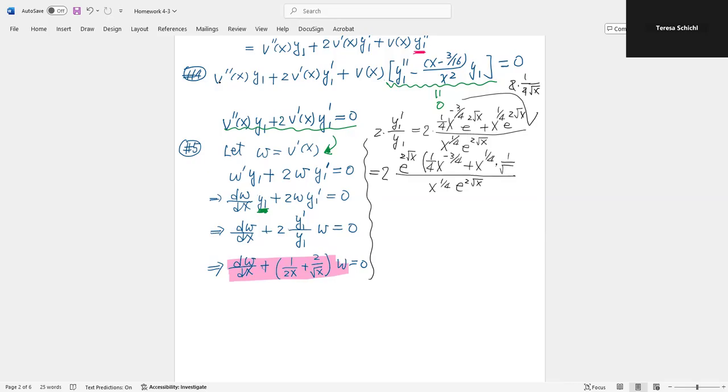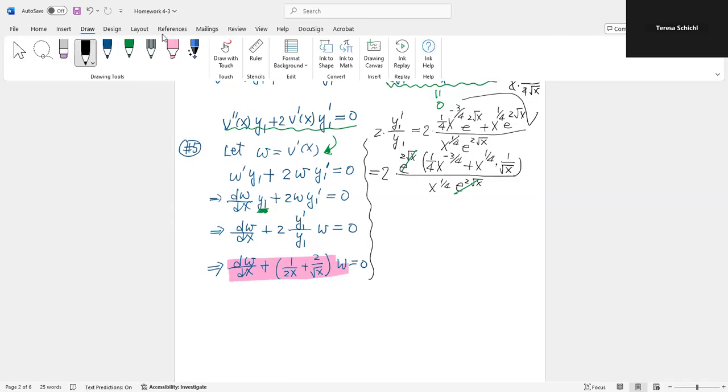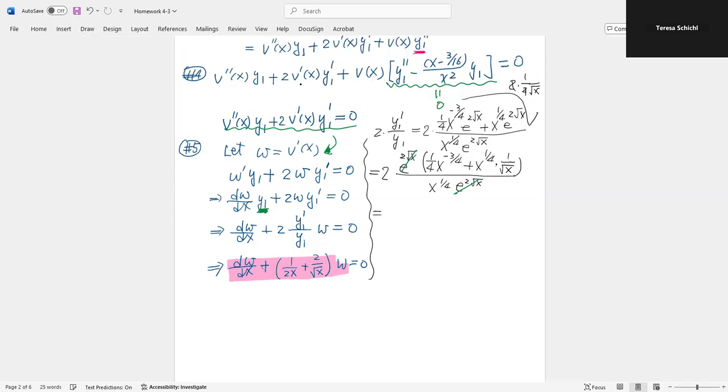So it will be 1 over square root of x. Getting better. So now in here, we know this one can cancel. Okay, so now I will separate this one into 2 times 1/4 x to the negative 3/4, x to the 1/4, then plus 2 times x to the 1/4, 1 over square root of the x to the 1/4 here.